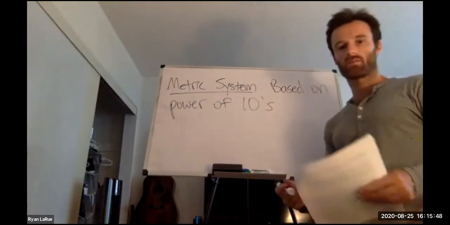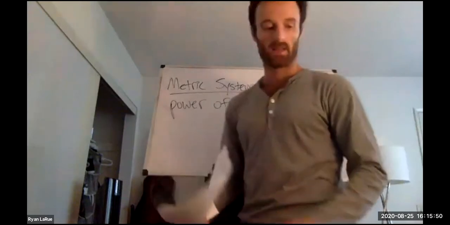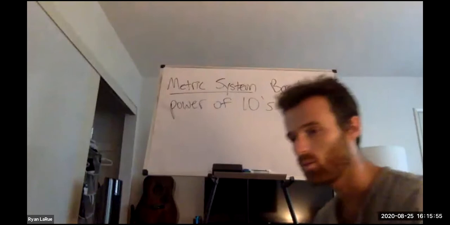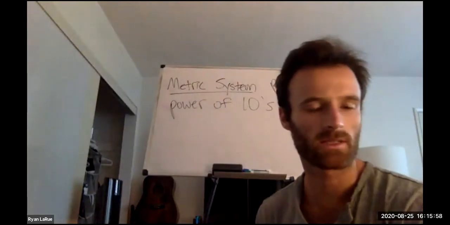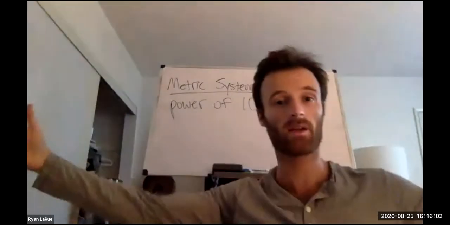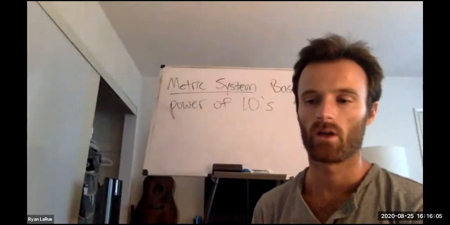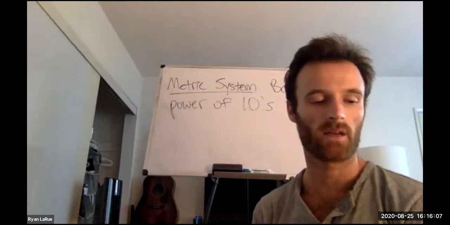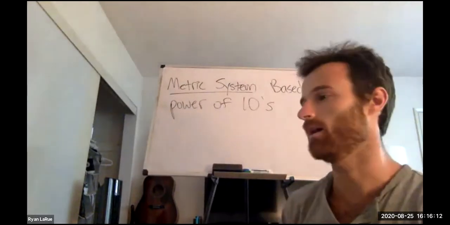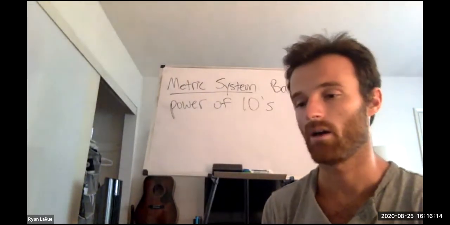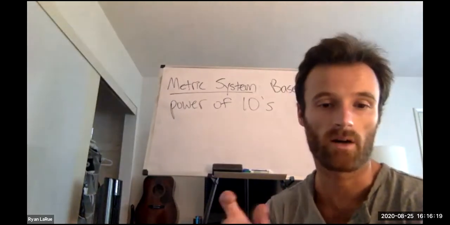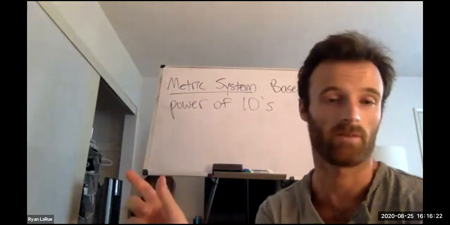Okay, so when I say the metric system is based on powers of 10, what I mean is that when we are measuring something very small in length or very long in length, the way that different measurements, or different units I should say, are seen or used is based on just a number of zeros.